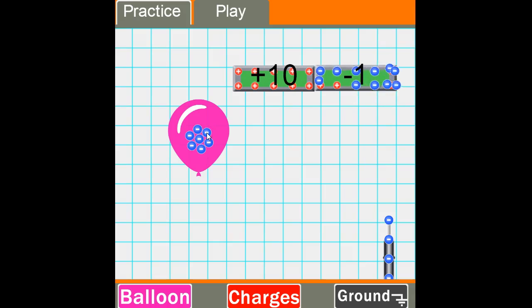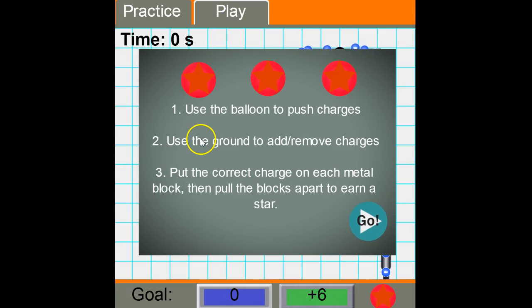Now there's a little challenge here for you. If you go onto the play section, you are now going to be given a certain amount of time, or rather it's going to time how long you take to achieve the following results. So at the bottom of the screen you've got two numbers.